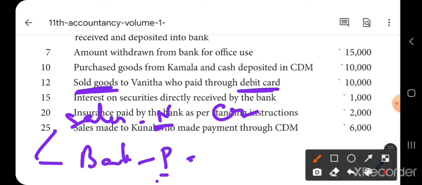Who is receiving? Sold goods to Vanita. When you sell the goods, you are receiving the money. But on your behalf, the bank is receiving the money. So debit the receiver, the bank is the receiver here. The entry will be bank account debtor to sales account.